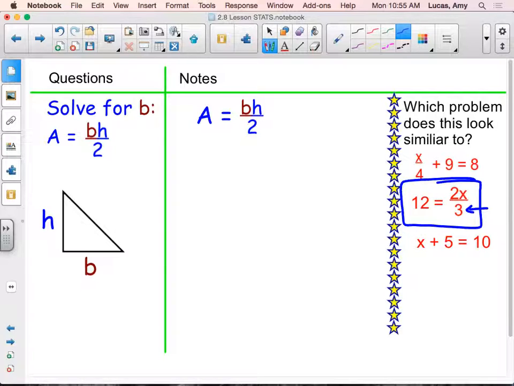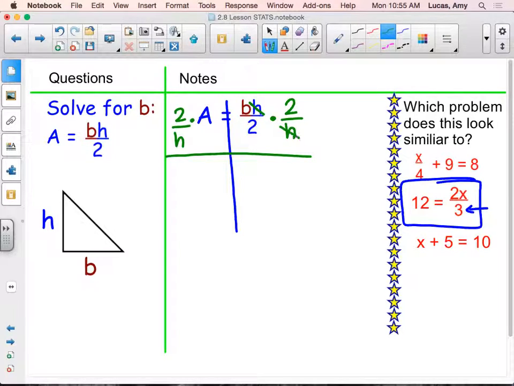That's the one that I am going to use here. I'm going to multiply by the reciprocal because I need the b by itself. I can multiply by the 2 and divide by the h at the same time, and they're going to cancel out.